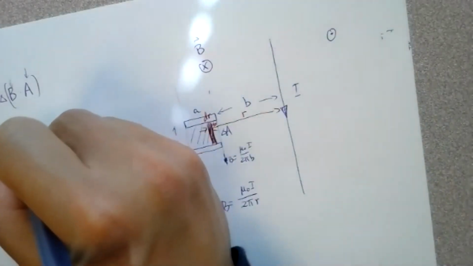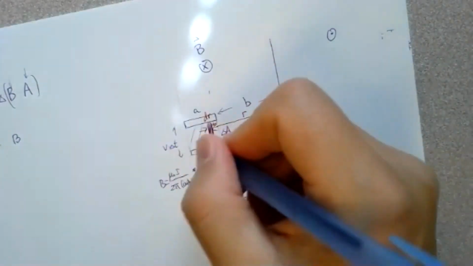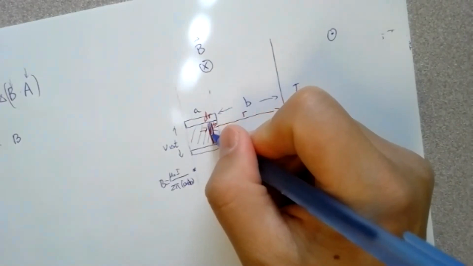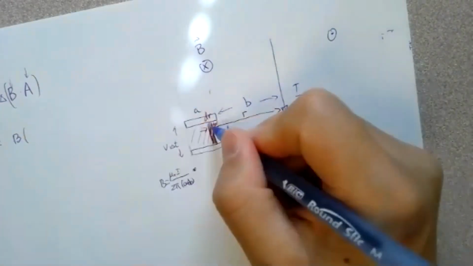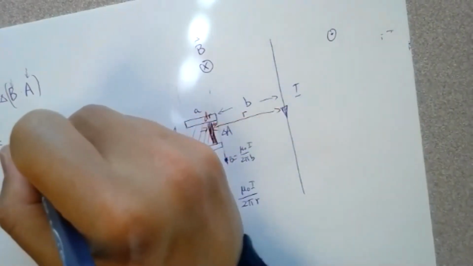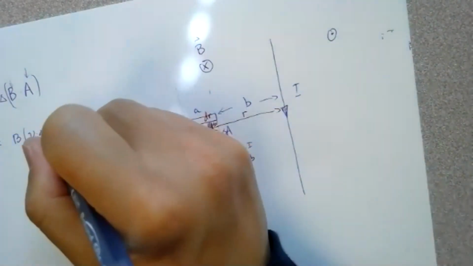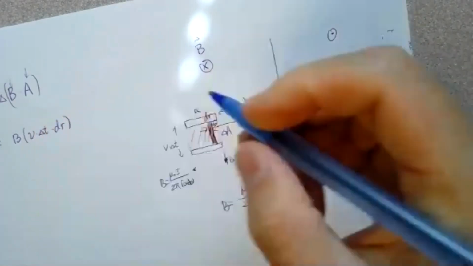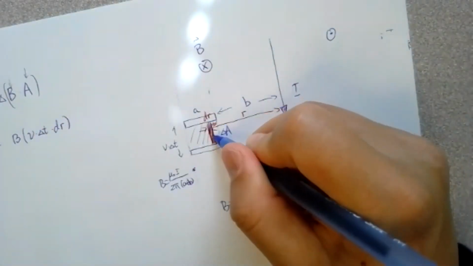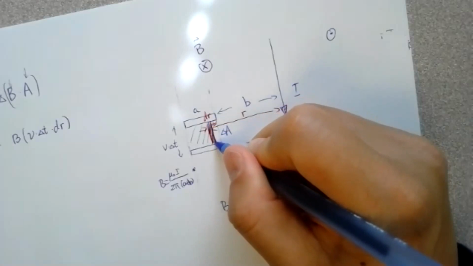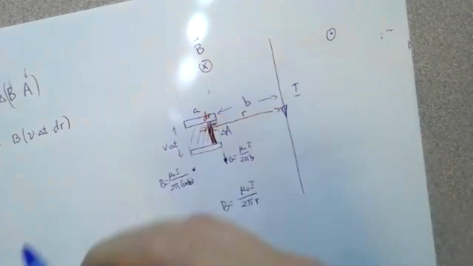It's the B field times the area of this strip, which should be equal to its length times the thickness. So it will be v times delta t times dr. v times delta t is the length over here, and then times dr.